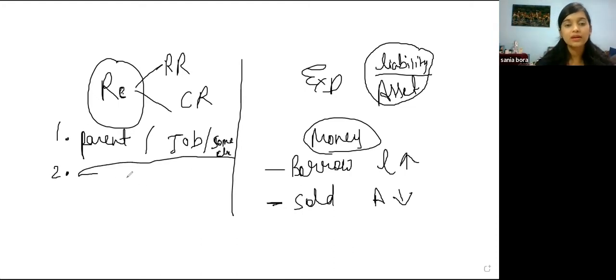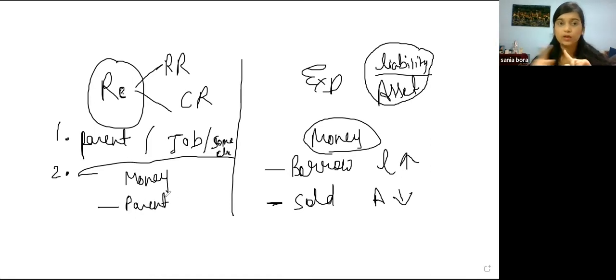But now similarly, there are two other chances you can get money. For example, your grandmother or your parents gave you the money. In that case, your liability does not increase or decrease. Why? Because you don't have to return that money to your parents, right? So when your parents give you money, or you get money from your job, you are working somewhere, there is no effect on liability. It won't be increased, not even decreased.